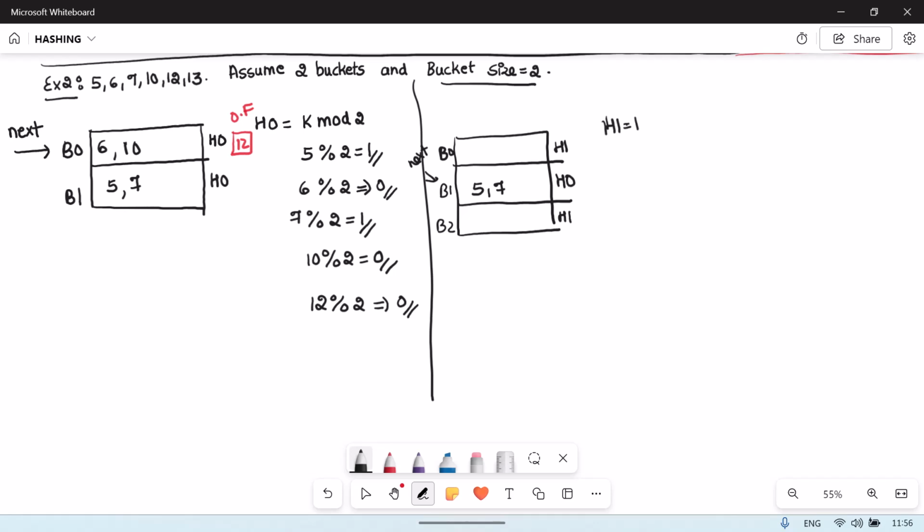H1 is whatever K mod 4. So it is 6 mod 4, which is equal to 2. Correct? So 6 will come here.